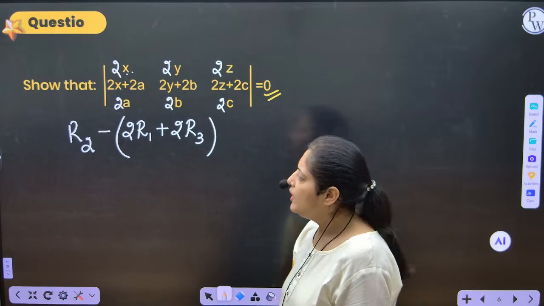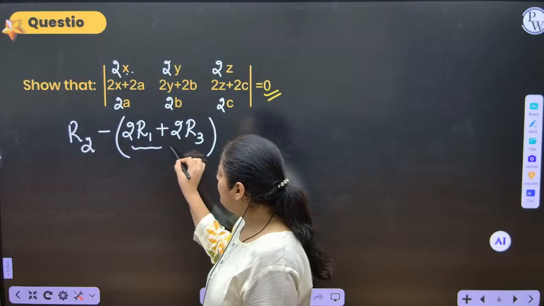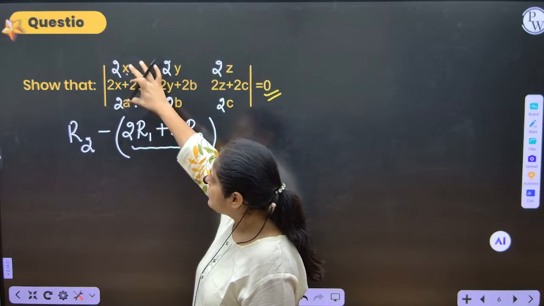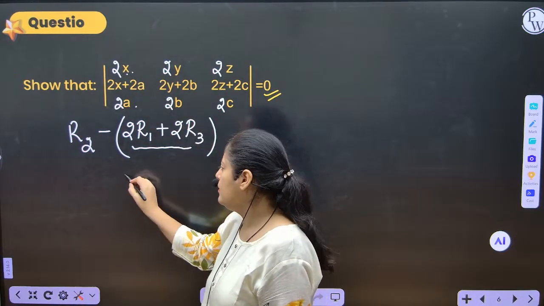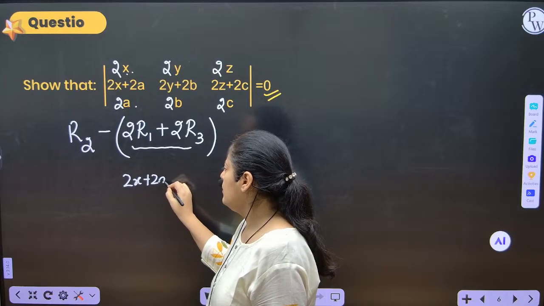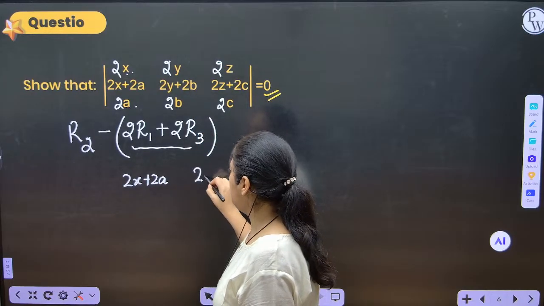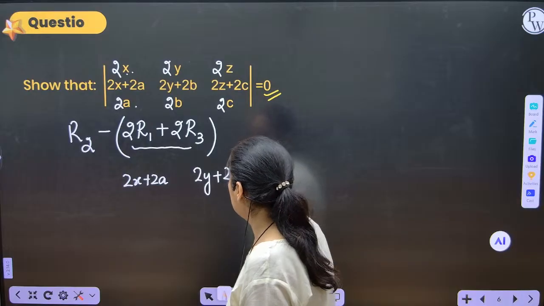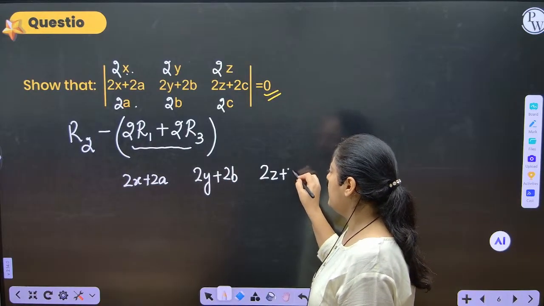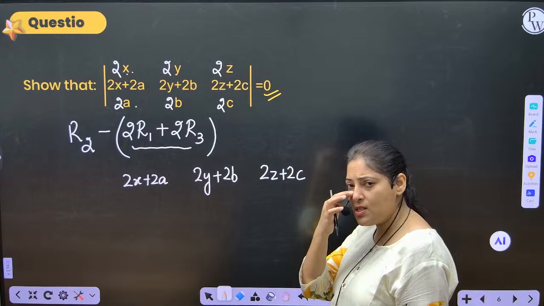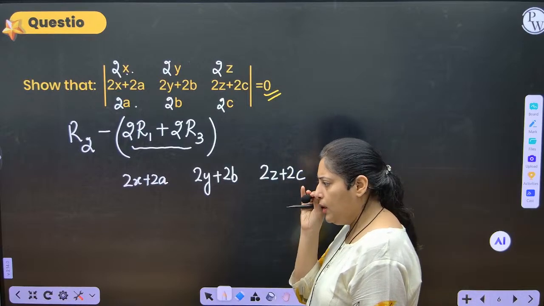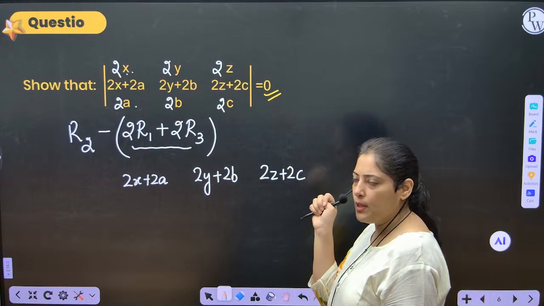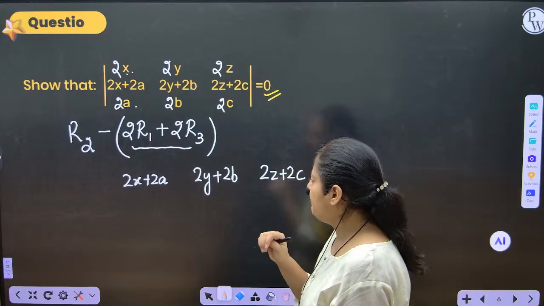Now what I have said, we have to add them. Add them means this will become 2x plus 2a. These two elements will become 2y plus 2b. And these two elements will become 2z plus 2c. I'm telling you what we are going to do in this question, but I'll write it.